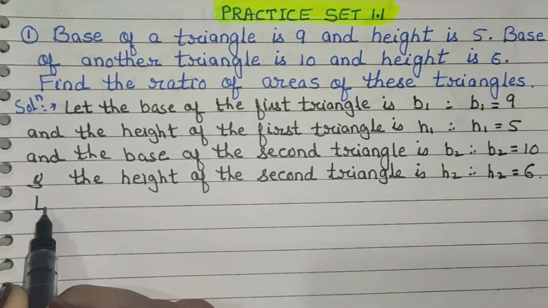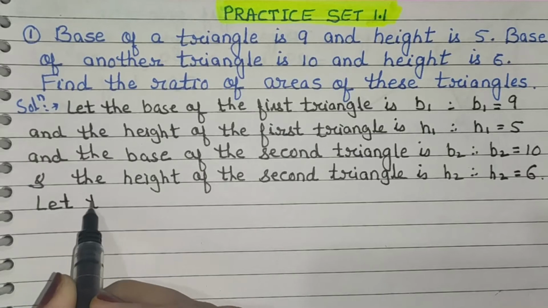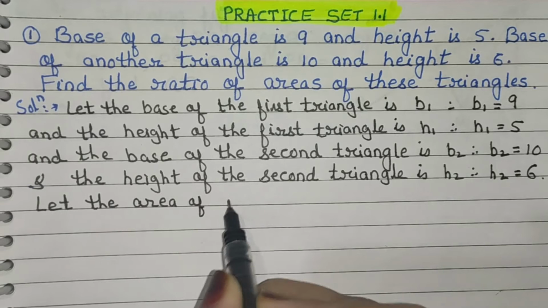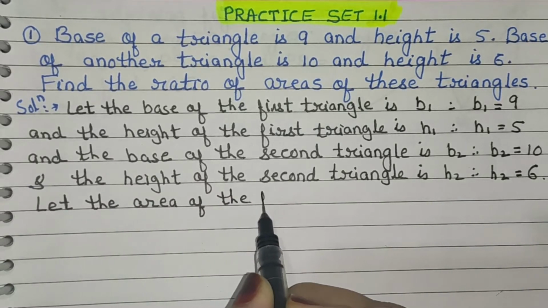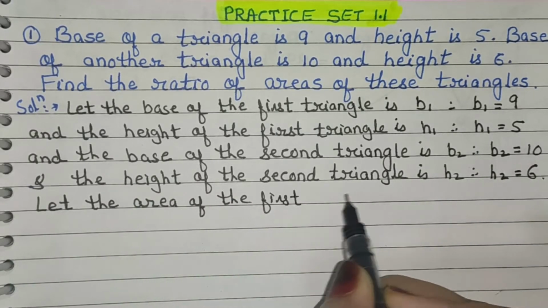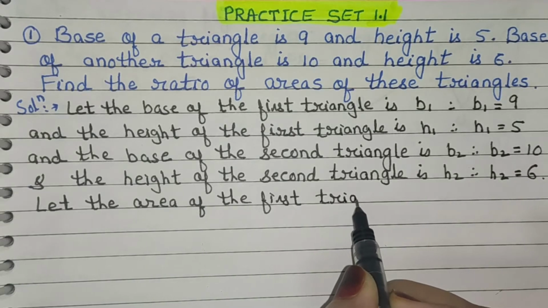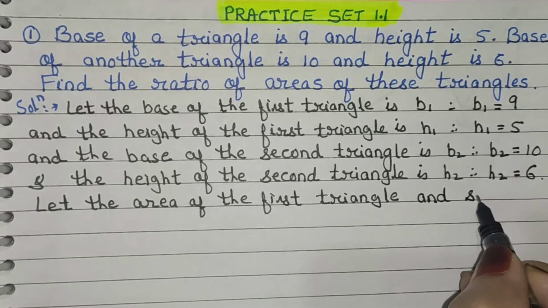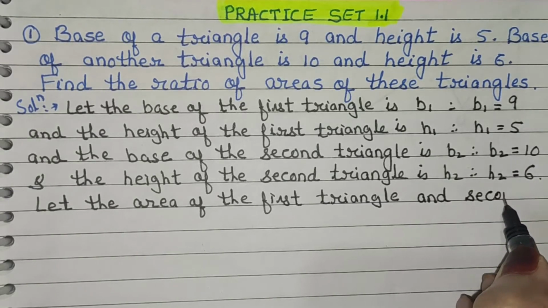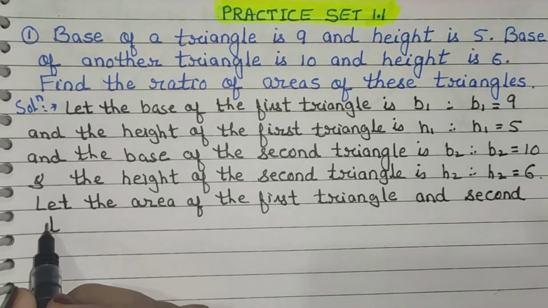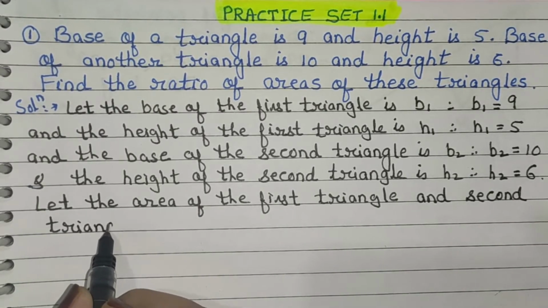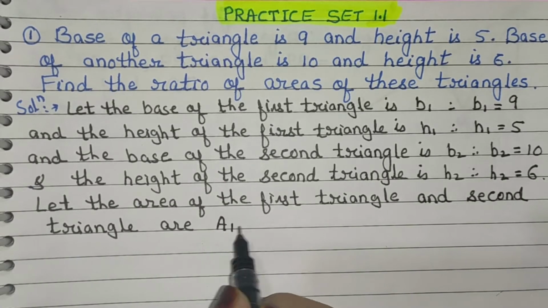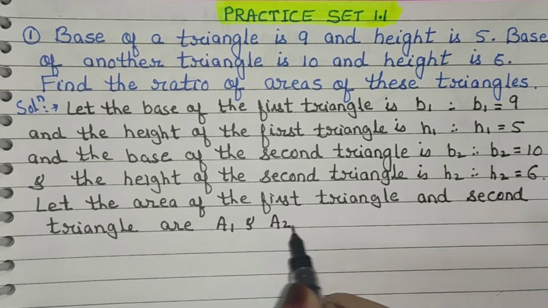Now, let the areas of the first triangle and second triangle be A1 and A2 respectively.